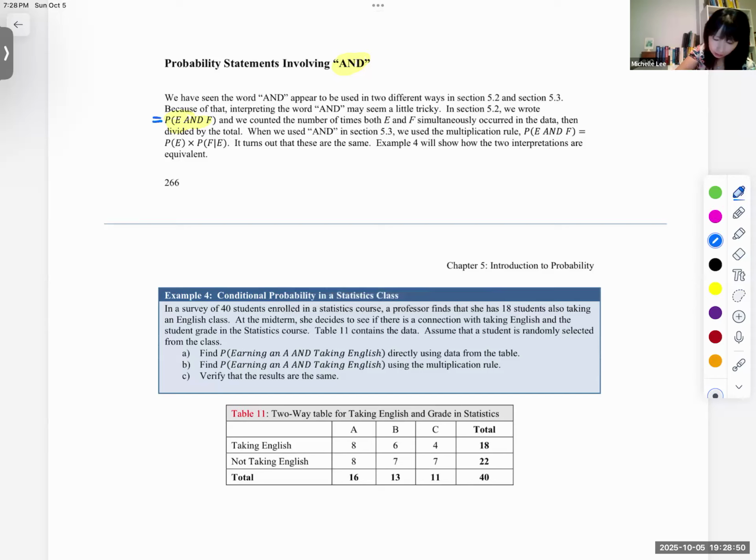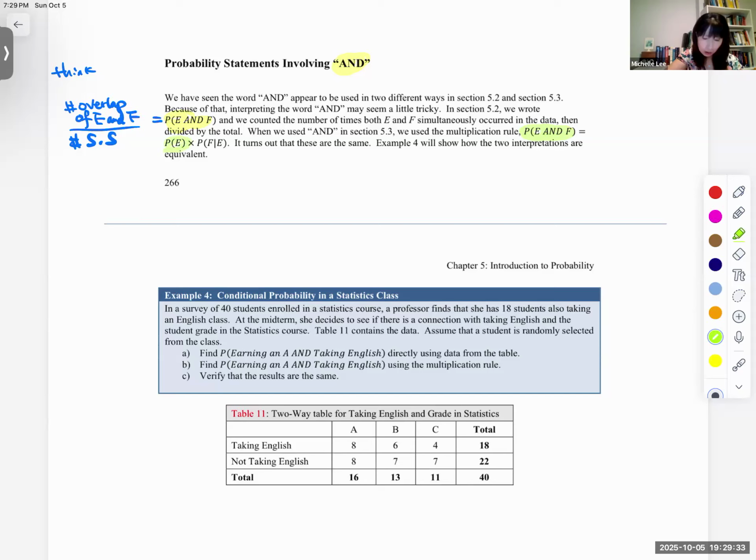So overlap. That means, think, E and F over the number of the sample space, yeah? Okay, then what is the probability of E and F? That is the multiplication rule. We are using it here. So multiplication rule. What's the probability of E and F?